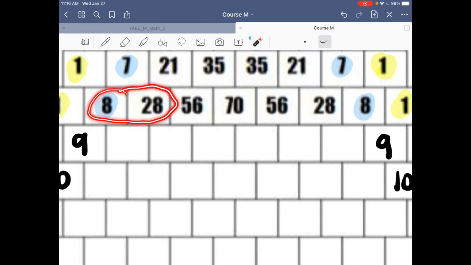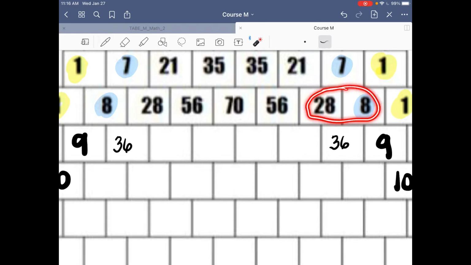We're going to type in, if you need to, 8 plus 28, and that is 36. And I know, because it's Pascal's triangle, that will duplicate over here. There's 8 and 28 again. So go ahead and put it in on this side as well.